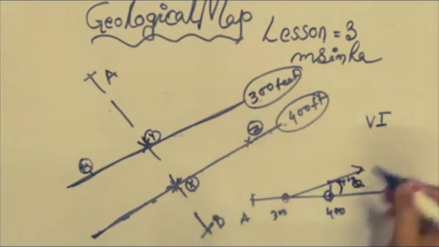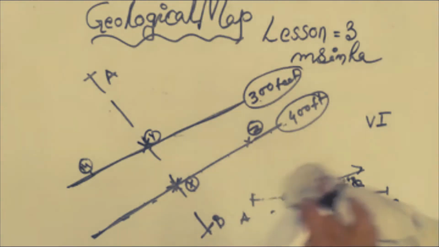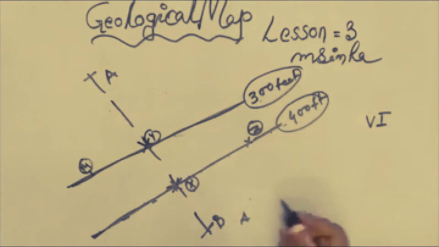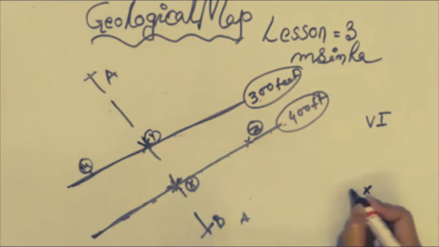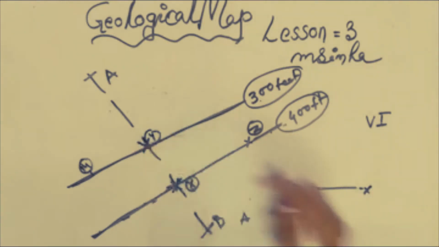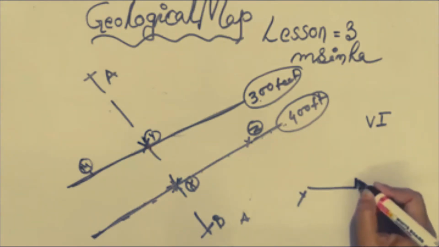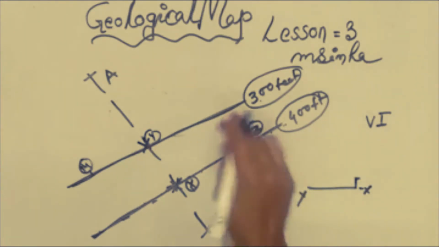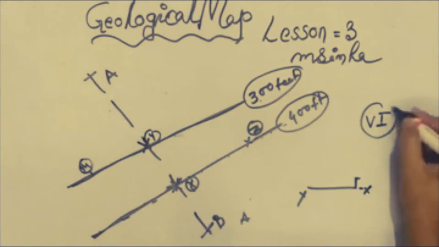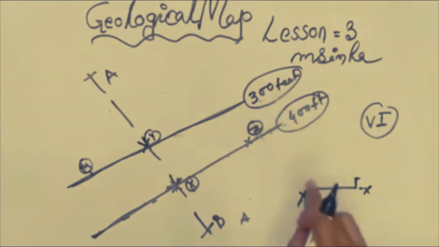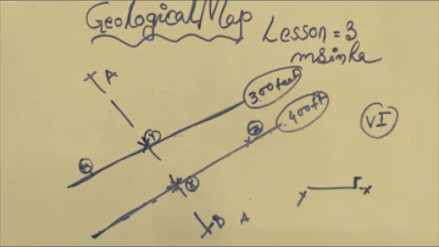So what is the basic principle of slope? I have discussed in the last class that, suppose X is standing here and Y is standing here. Suppose X is standing at 400 feet and Y is standing at 300 feet. Then the vertical interval is 400 minus 300, 100 feet. Then you plot according to scale the value of 100 feet.